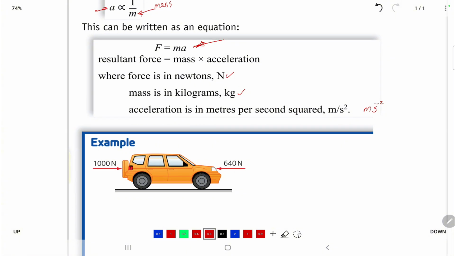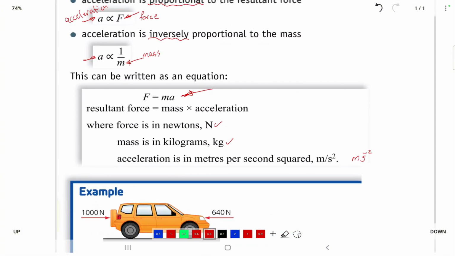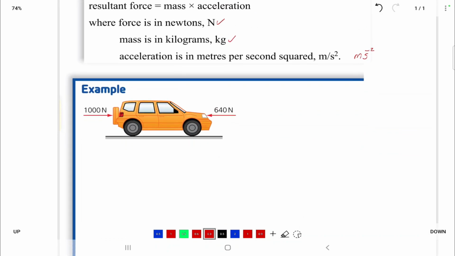Now we will take this example to state this law and how we can solve problems as per Newton's second law. Now you see, this is a car. Assume that the engine exerts a force of 1000 Newtons. This is from the engine, so it pushes the car ahead, and there is another force which is 640 Newtons.